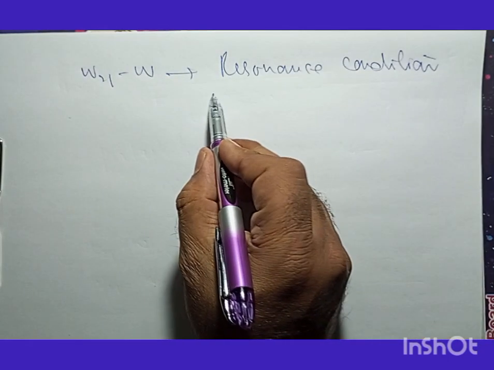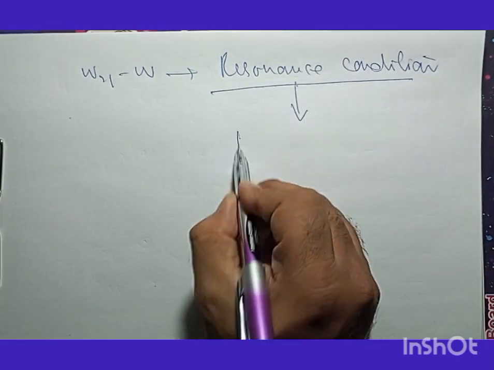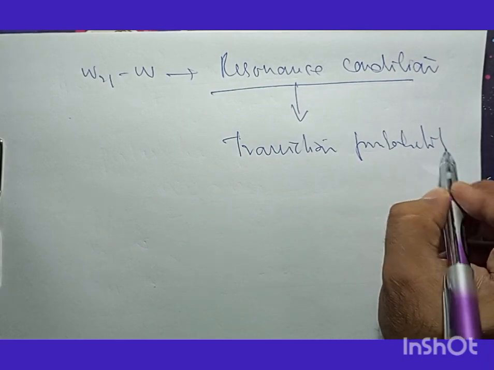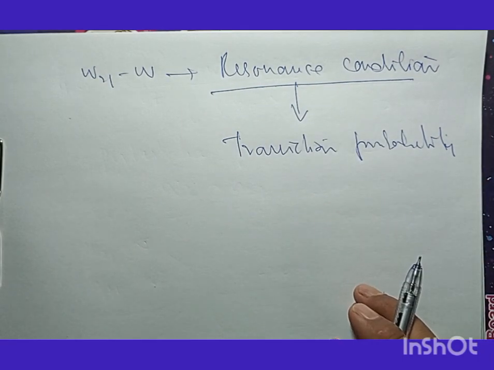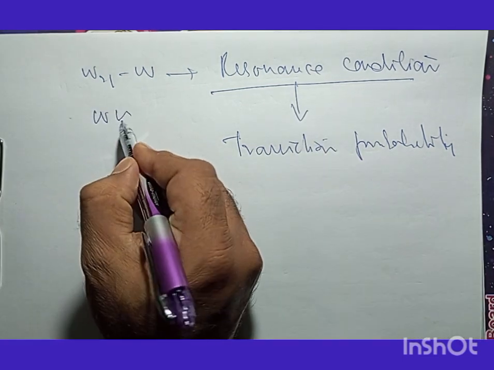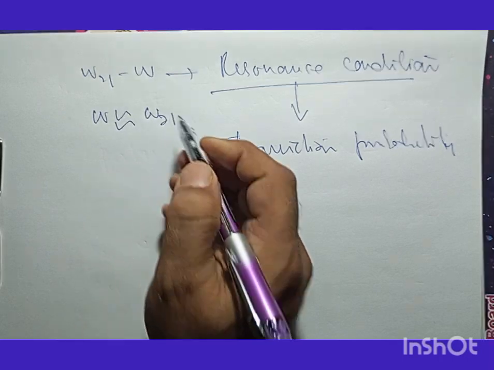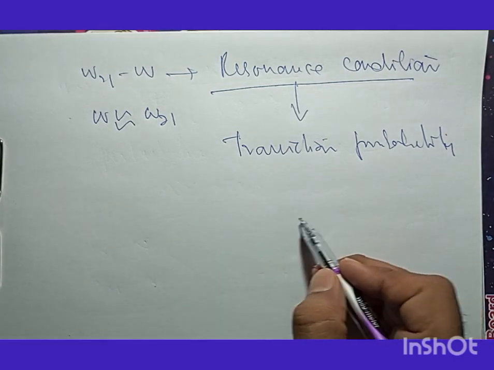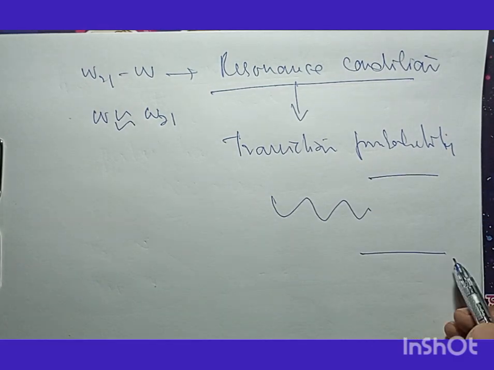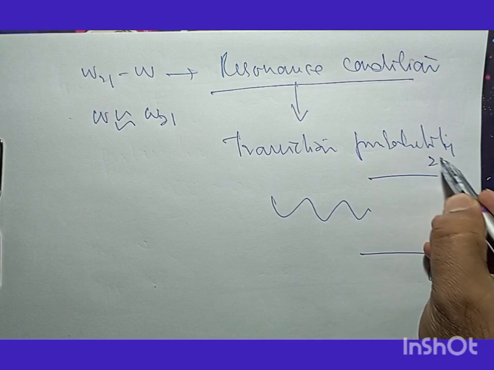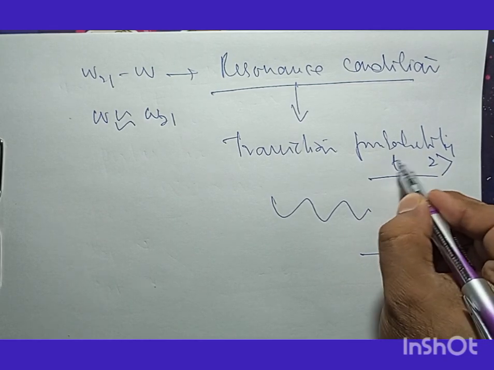So omega 21 minus omega leads to the resonance condition. And thus the resonance occurs when this omega is nearly of the order of omega 21. That means when the frequency of the perturbation that we have utilized matches the energy gap of state 1 and state 2, that's E1 and E2.